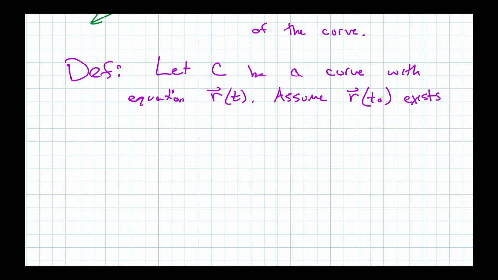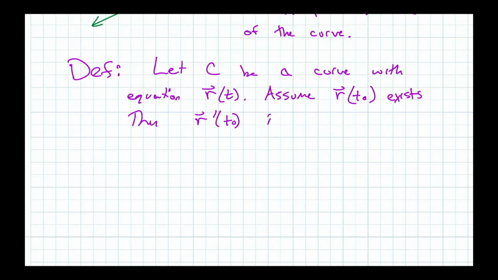Derivatives don't always exist, but if they do, then r prime of t naught is tangent to the curve at the point r of t naught.